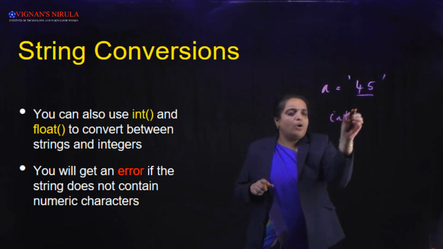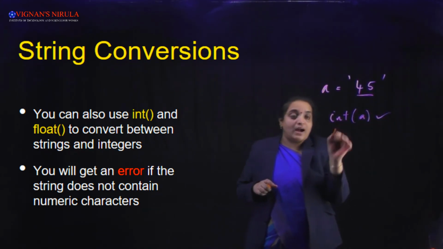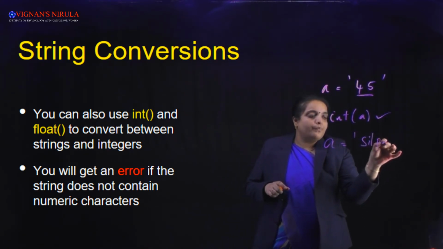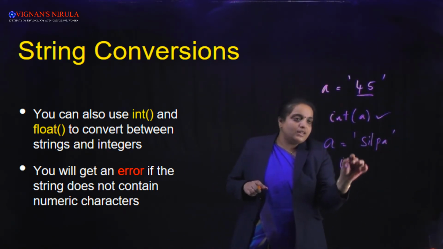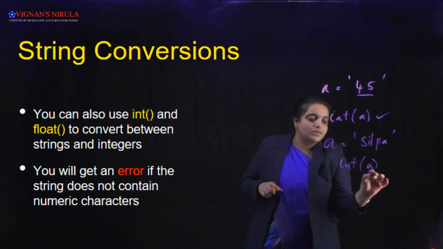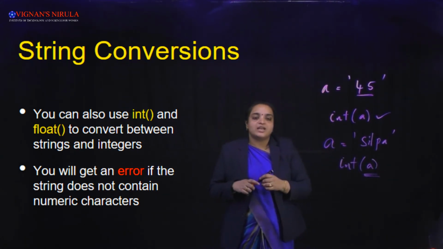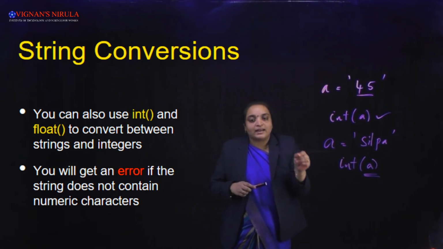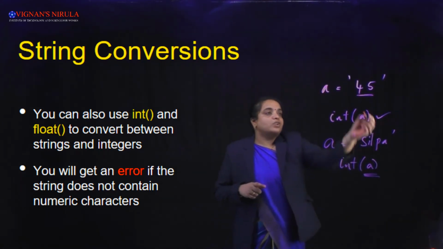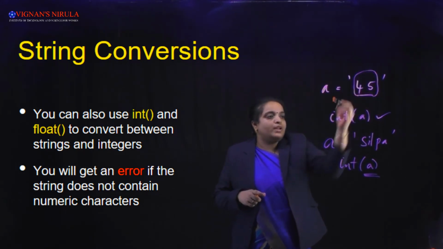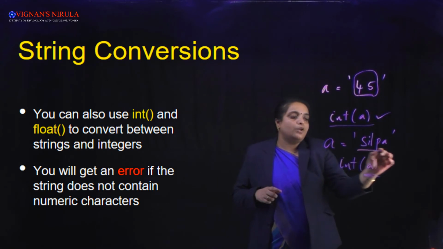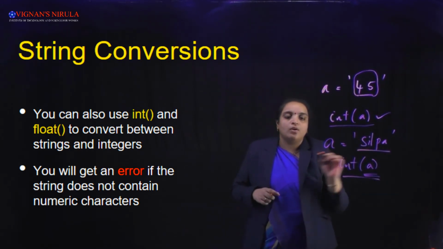So int of a, yes, it is possible. But if a is equal to Shilpa and you are trying to convert this string value to an integer, it is not possible. You will get an error if the string doesn't contain numeric characters. If the string contains only numeric characters, the inbuilt function int will work. If not, it will not work.